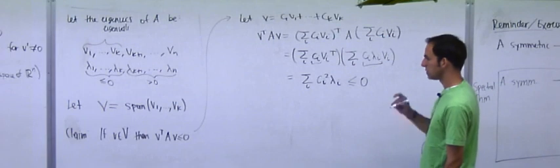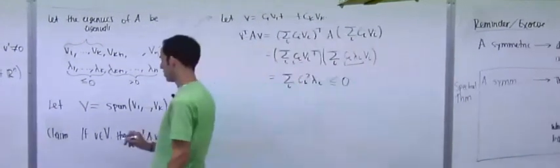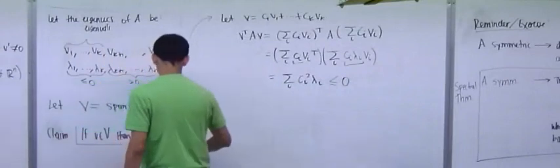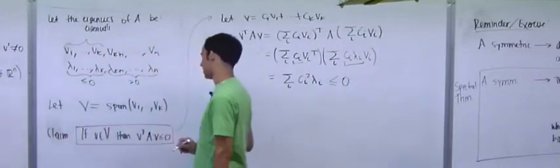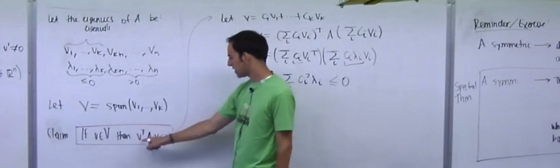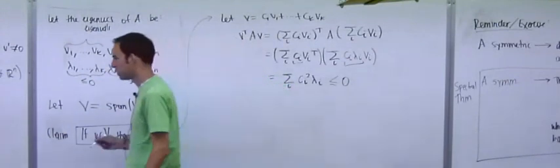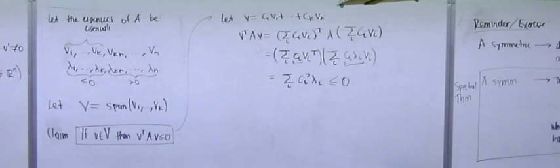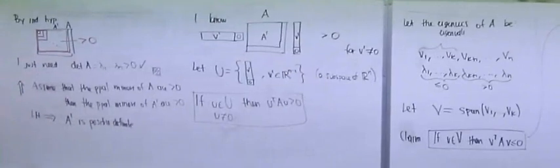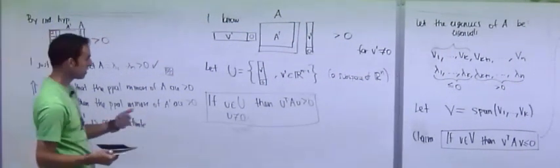But here's the thing now. I know this, right? If v is in V, then v transpose Av is less than or equal to 0. I know this. If u is in U, and u is not 0, then u transpose Au is positive. So what's the intersection of U and V? Well, they're subspaces, and so that means that both of them contain 0. So 0 is in U, 0 is in V. That's in the intersection.